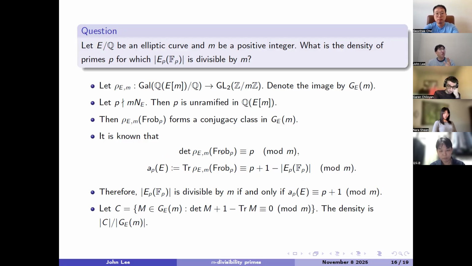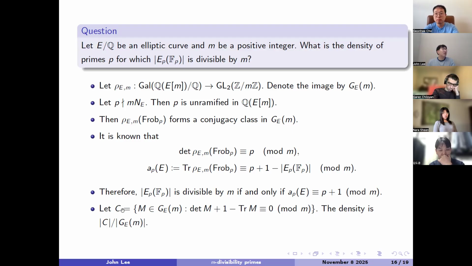We don't need to worry about whether it is closed under conjugation or not, because in order to apply the Chebotarev density theorem, I need a set C that is closed under conjugation. And yes, it is closed under conjugation, because if you have a matrix and conjugate it, then the determinant and the trace are preserved. So if I impose a condition that the Frobenius trace is p + 1 and the determinant is p, that will be closed under conjugation.